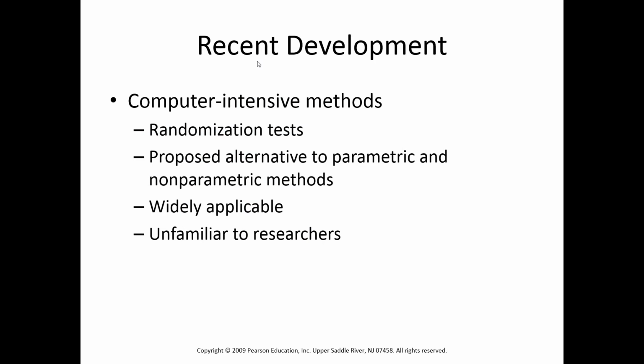Those are computationally intensive methods, called randomization tests, shuffling tests, or bootstrap tests. They can be an alternative to parametric and non-parametric tests, and they are widely applicable, but not so often used by researchers.